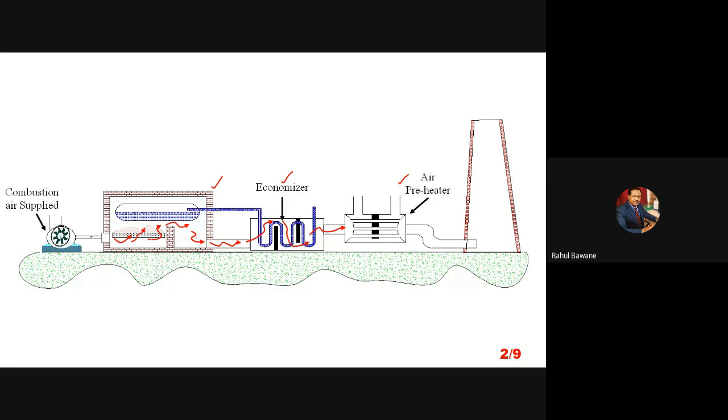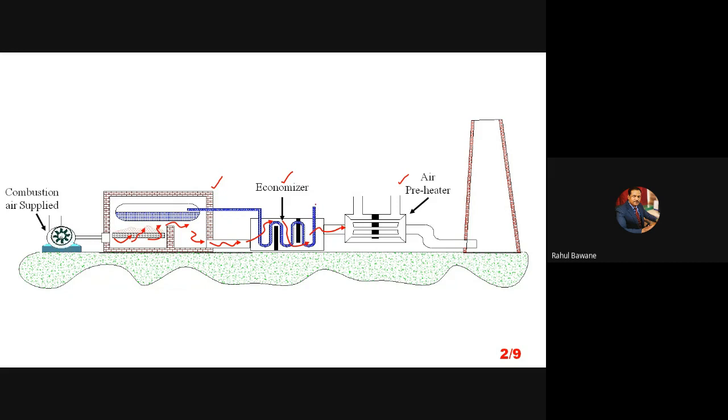That means the exhaust gases in the furnace, after delivering some amount of heat to the boiler water, carry the remaining amount of heat, and those exhaust gases enter the economizer. Now, while passing through the economizer, hot gases flow over the water tubes.